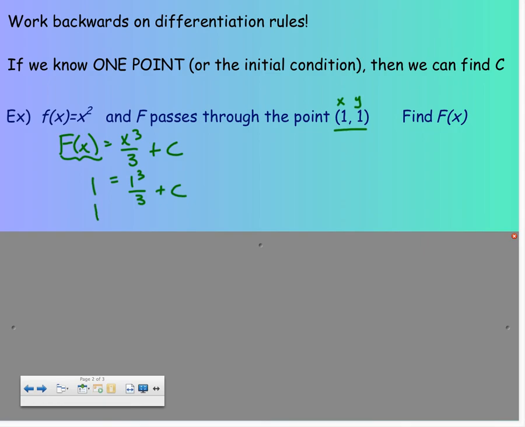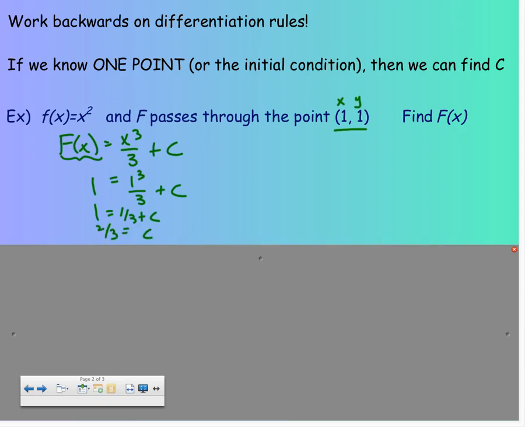And now we can solve. And now that we know what c is, we have a better answer for f of x. F of x doesn't just equal x cubed over 3 plus c, it equals x cubed over 3 plus 2/3. We're able to figure out what the c is if they give us an initial condition.